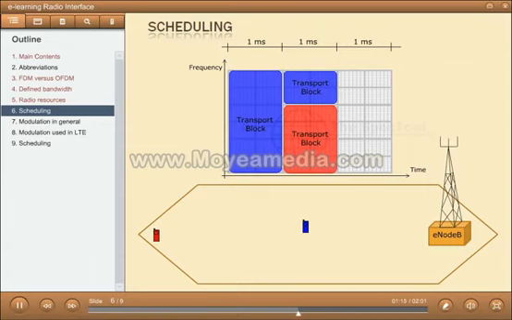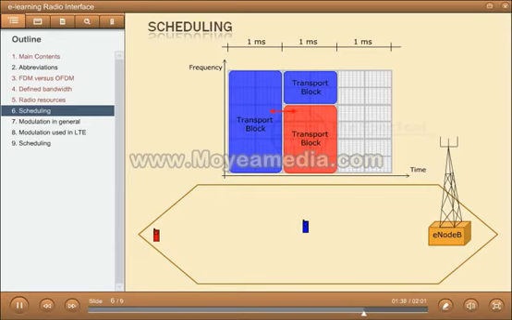The access method in LTE is based on sharing in frequency and time. 2 UEs can receive or transmit during the same time, but then they are separated in frequency, or they can receive or transmit on the same frequency but not during the same time.